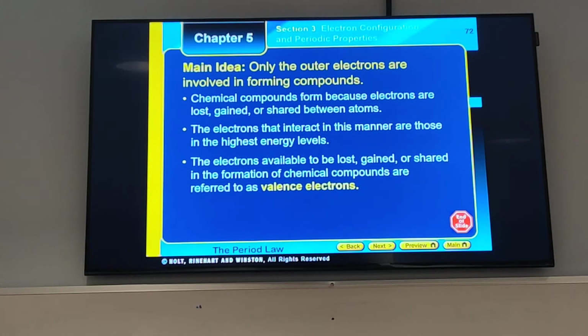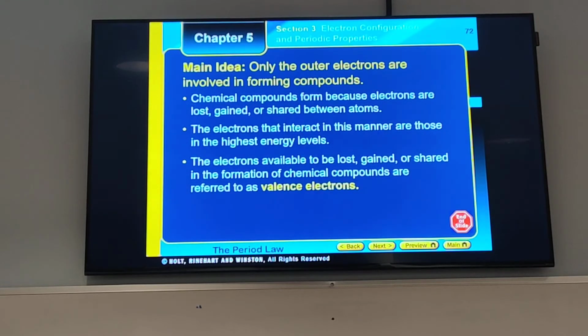Okay, now these electrons that are in the outer level, the S and P electrons, are called valence electrons. We give a special name to them. All the other electrons inside, farther in on the other levels, are called inner electrons or inner shell electrons, different names that they give for that. They're not usually involved in chemical bonding.